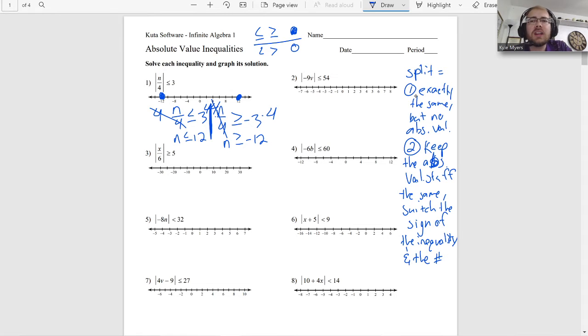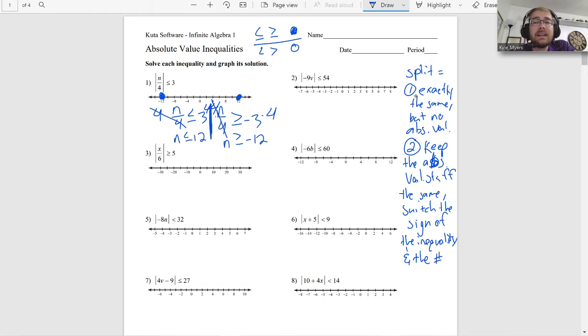So it's actually only going to be what's in between, because if we think about it, n over 4, let's say n is like 400. Well, if n is 400, 400 divided by 4 is 100, which is way bigger than 3, but it has to be less than 3.